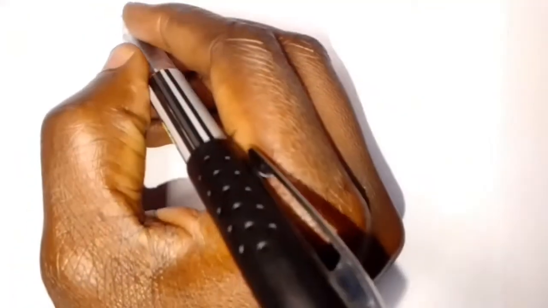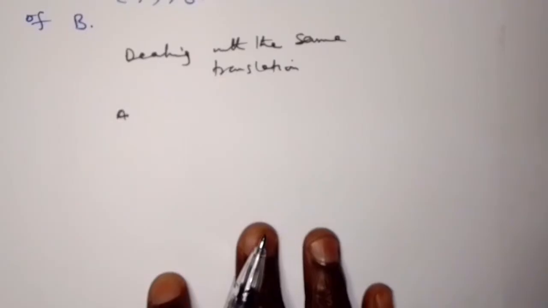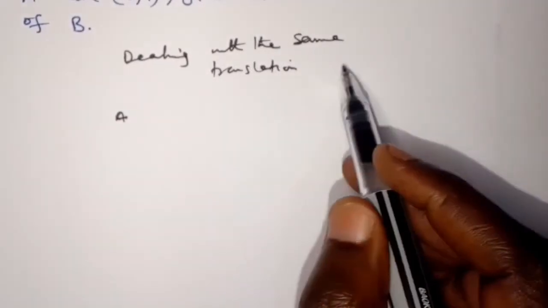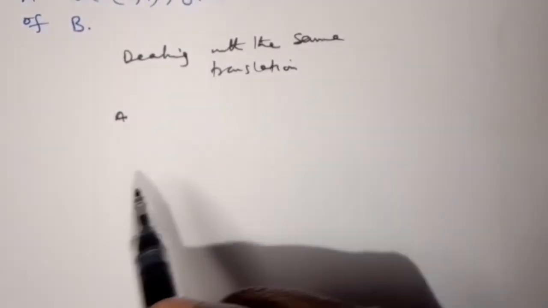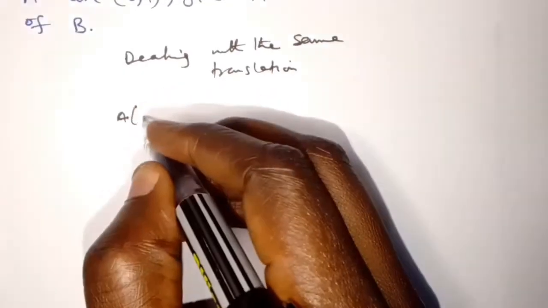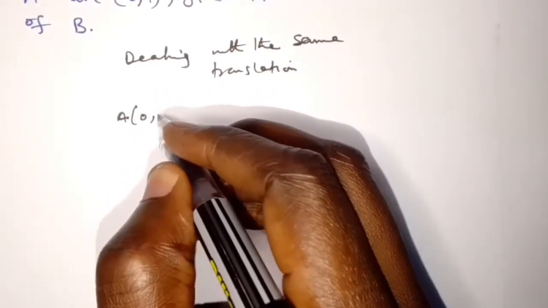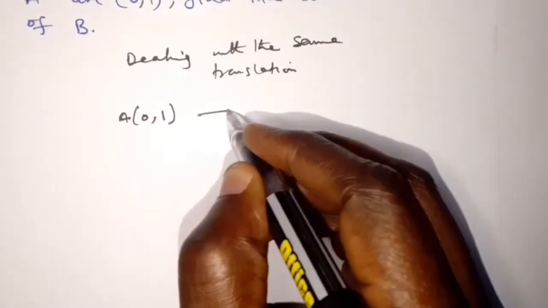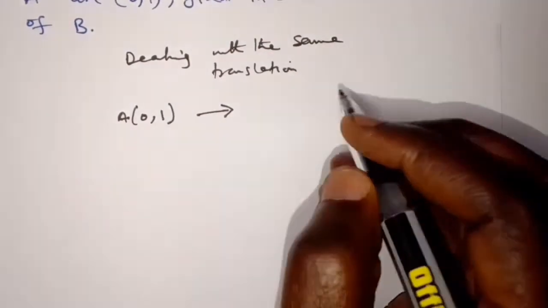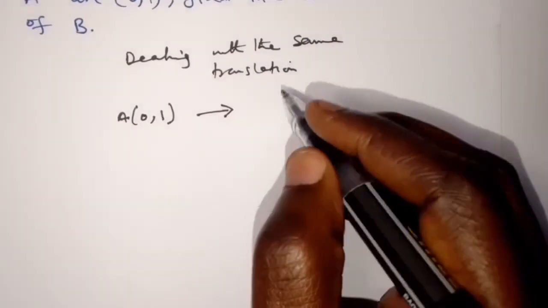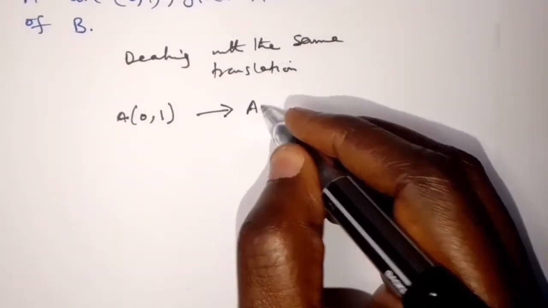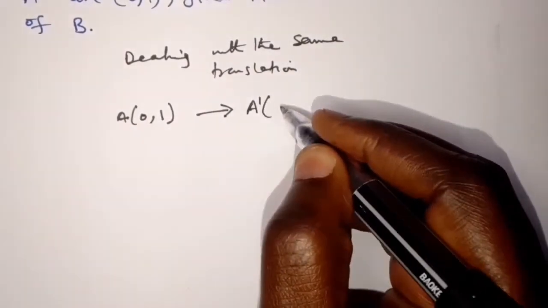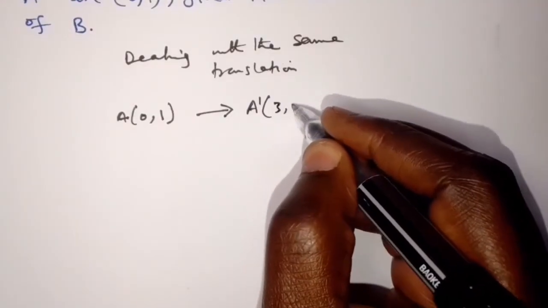So now we can say that our point A, (0, 1), has been translated to point A prime (3, 2).